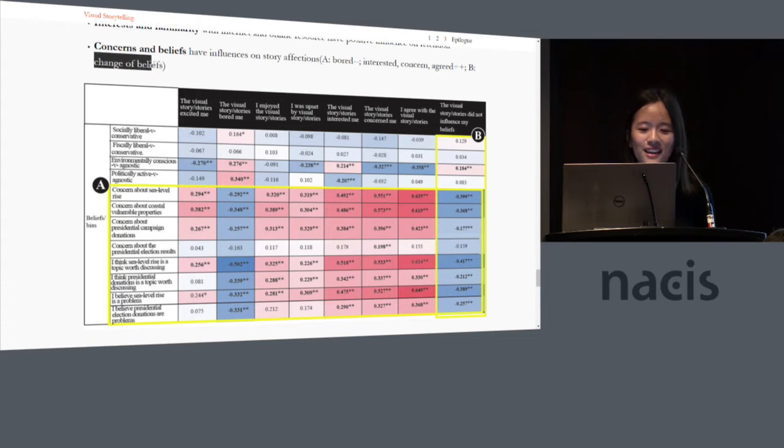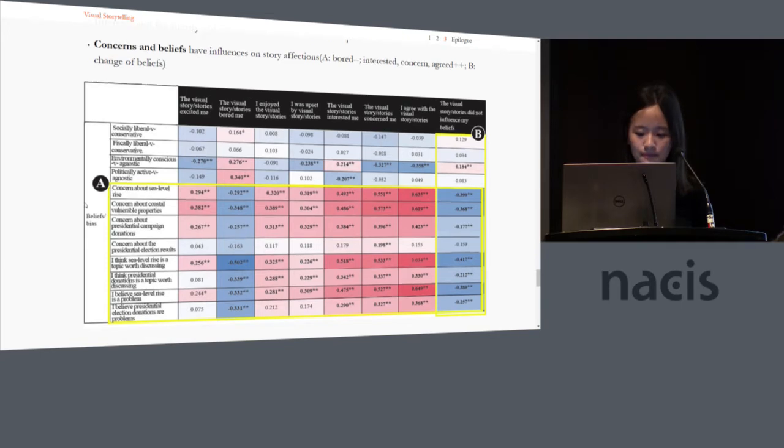So actually, his personal concern or personal bias on this topic has a positive influence on story affection. The more concerned he is, or the more he thinks the topic is worth discussing, the more likely he or she will be interested or be changed by the stories. So we found that personal beliefs and concern have some influence on story affection.